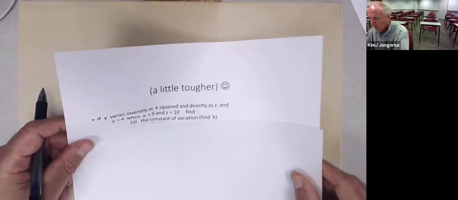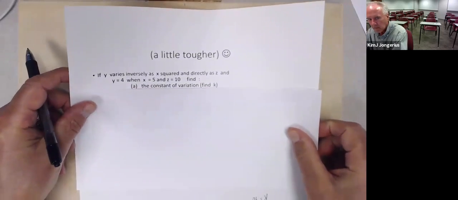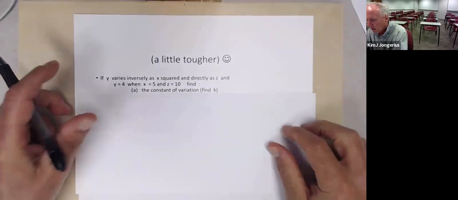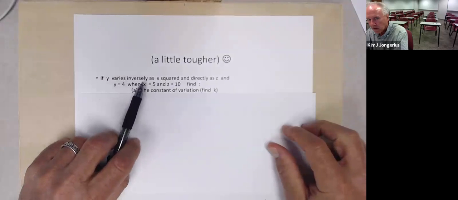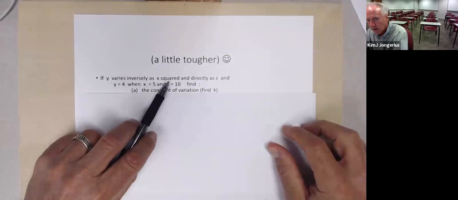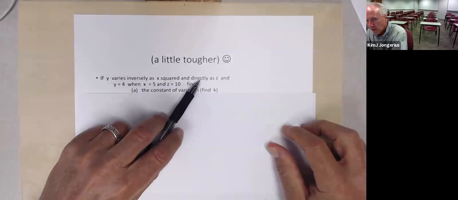We'll take another example now. This time we're told y varies inversely or indirectly as x squared, but now it's directly as z.